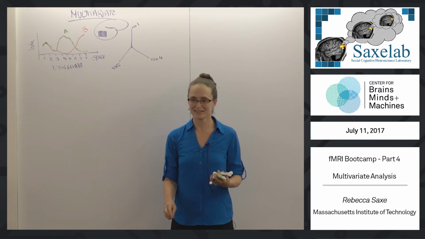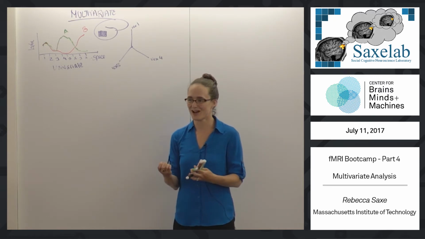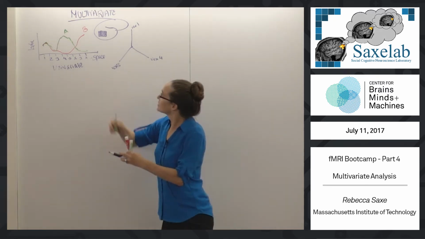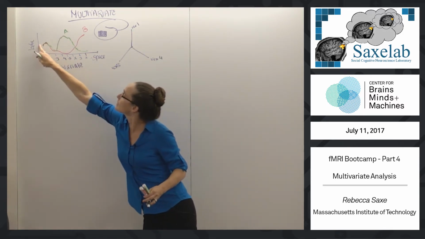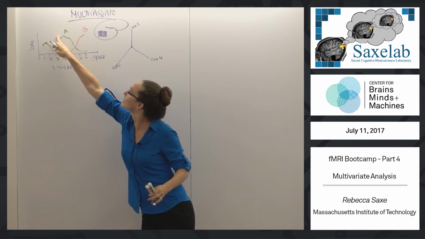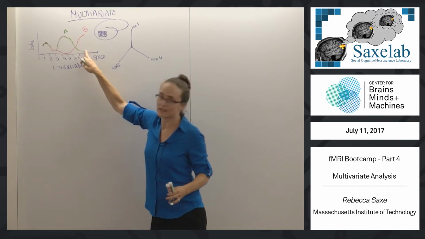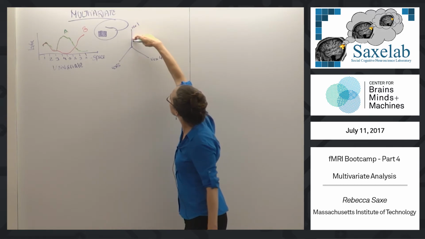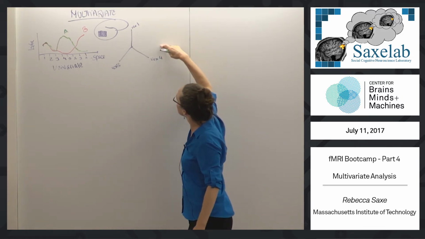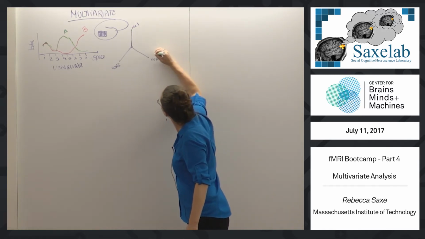Do you believe me? Because it's really hard to draw in 12 dimensions. Condition A, the beta value in voxel 1 is medium. Voxel 4 is large, and voxel 8 is small. Okay. Voxel 1 is medium, voxel 4 is large, voxel 8 is small.